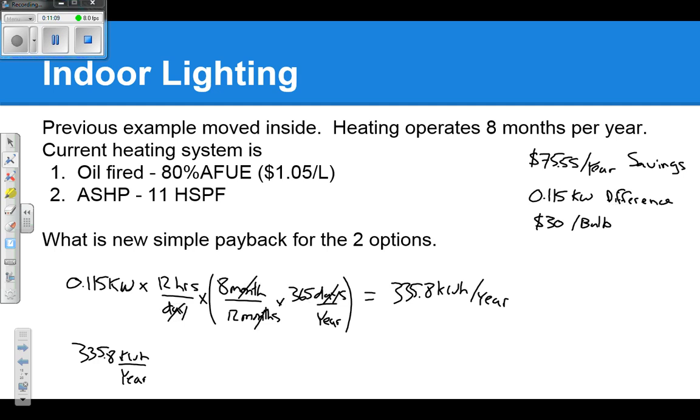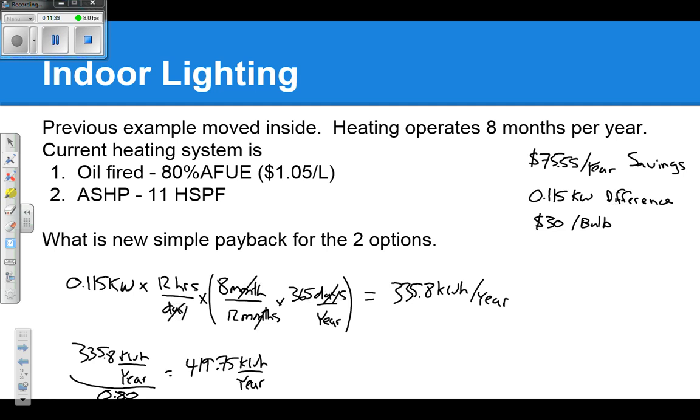So I need to make this number bigger, so I divide by the efficiency, 0.80. So it's about 419.75 kilowatt hours per year of oil that I'm actually going to use, because I'm throwing about 60 kilowatt hours per year out the chimney.